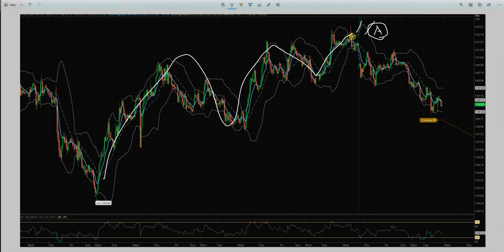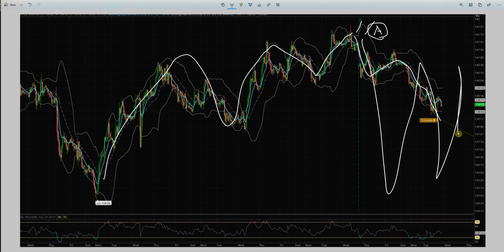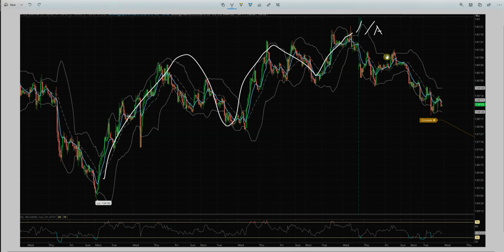If it's all of A, then we could be in for a chop fest of a B wave. ZB could essentially turn into a range trade for weeks or months. However, if this is just a wave 1 up and this is a wave 2, then we would be looking for the wave 3 that would give a real serious up move.